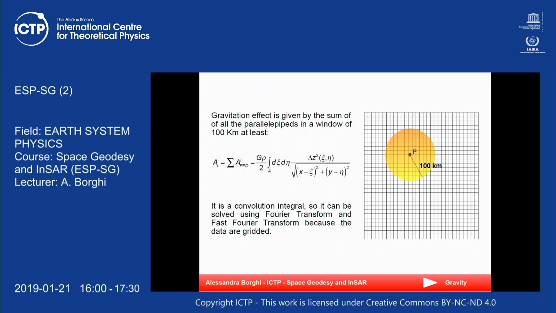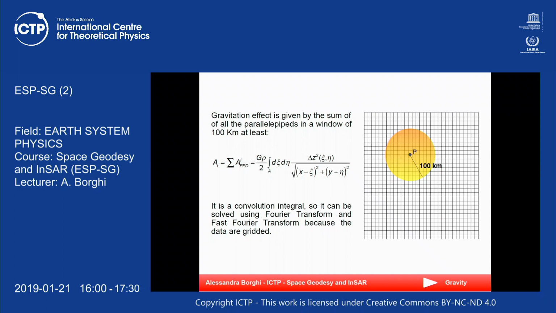You can improve the computation with fast Fourier transform. I don't put the formula, but I'm sure that you know what a Fourier transform is. A fast Fourier transform is a technique, when you have gridded data, to improve the computation.